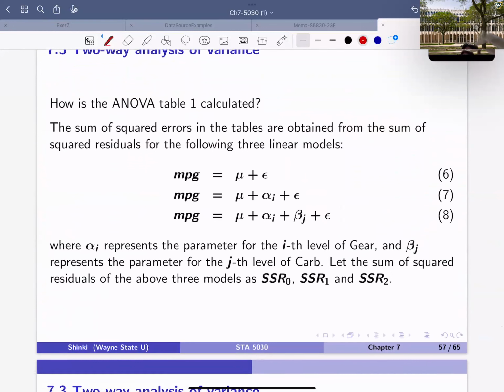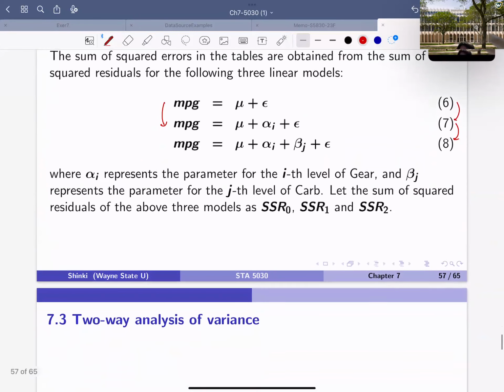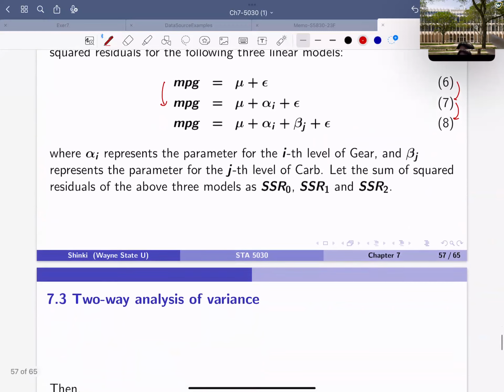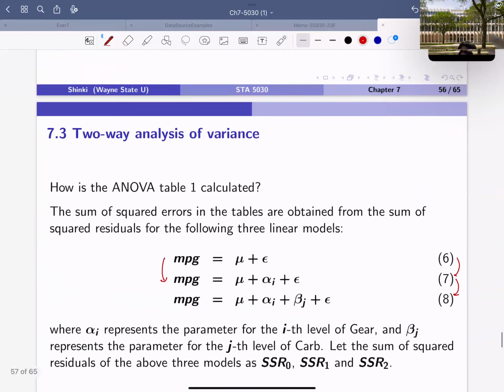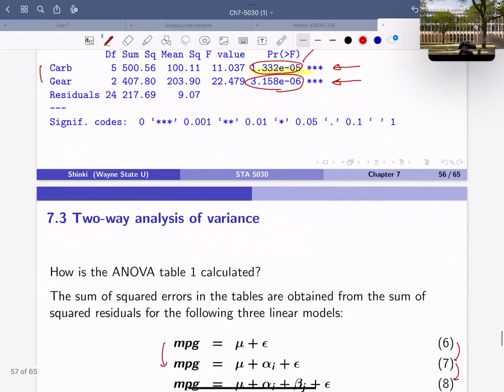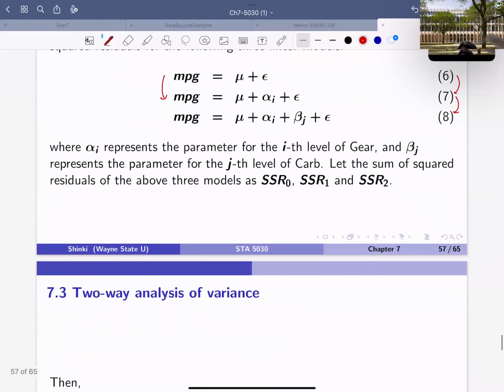Yeah, so again, we test the equation 6 against 7 and the equation 7 against 8. And actually, the next slide discusses how to calculate the ANOVA table.